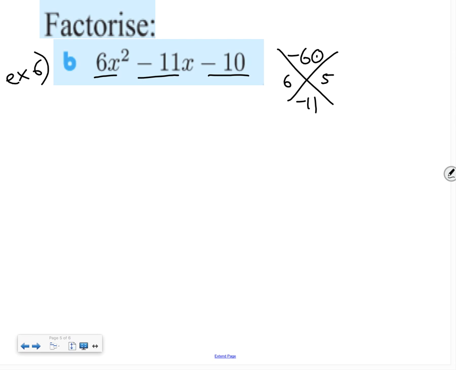And, well, if one of them's negative, I'm not going to get to negative 11. So I'm going to have to try some other ones there. So other factors of 60, what about 15 and 4? So 15 and 4. So if 15 is negative, 4 is positive. They multiply to be negative 60, add to negative 11. There, I got them. Okay, so rewrite that middle term.